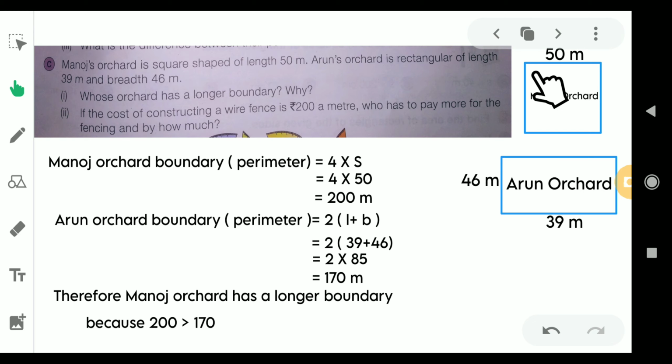Manoj wants to construct a wire fence around his orchard, and Arun also wants to construct a wire fence around his orchard. But who has to pay more if the cost of fencing is 200 rupees for 1 meter? Let us see that.